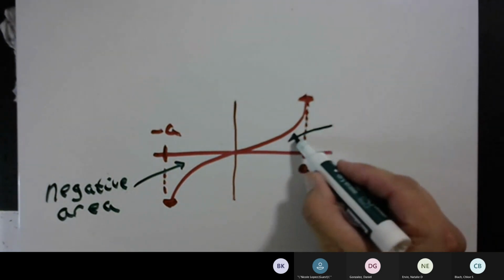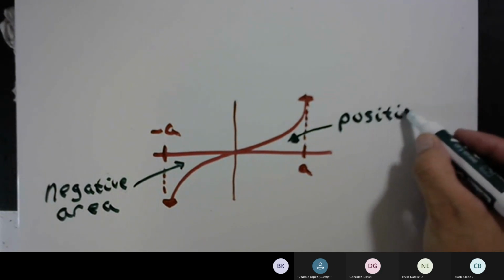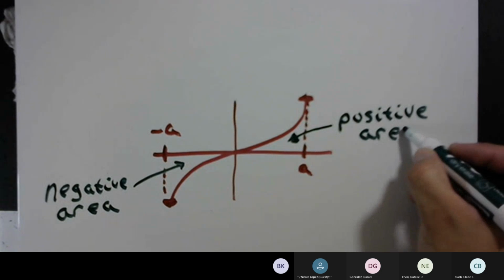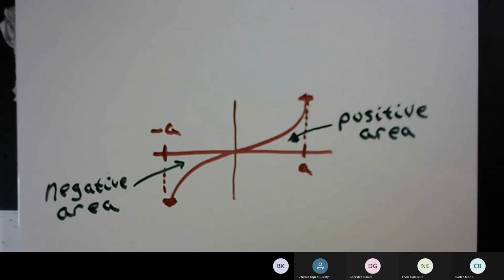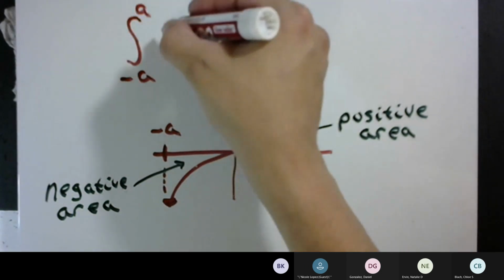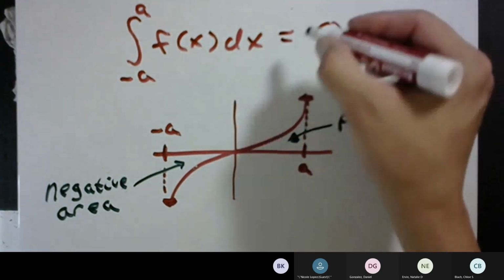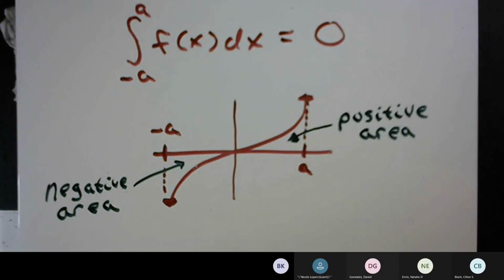And when you're integrating above the x-axis, you have a positive area. So what happens if you integrate from here to here? Well, these two areas are going to be the same size, but with different signs. So what we're going to get is the integral from negative a to a of f of x dx for an odd function. Those areas are going to cancel out, and you're going to get 0.